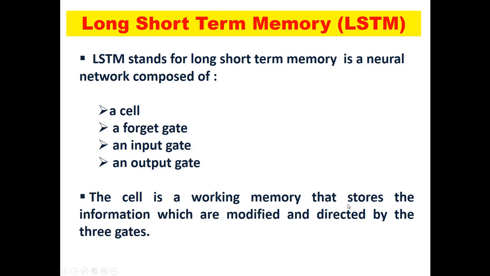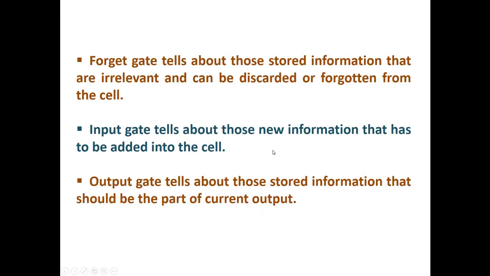The cell is the working memory that stores the information, which is modified and directed by the three gates. The forget gate tells about stored information that is irrelevant, which you can forget. The input gate tells about the new information that has to be added to the cell. The output gate tells about those stored information that should be part of the current output.